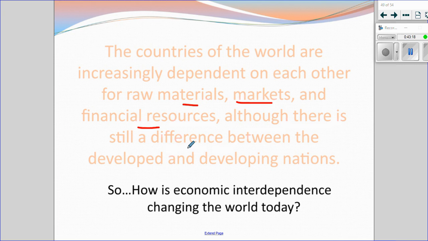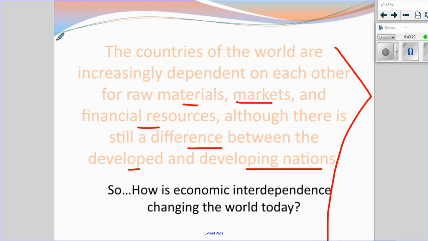There's still a difference, though, between developed and developing nations. All right, this is that globalization process. The world has been shrinking since the late 15th, 16th century, and we're still in that process.